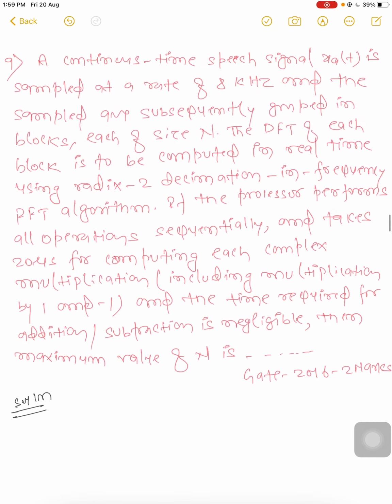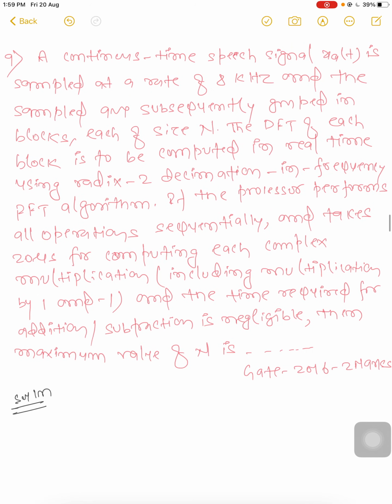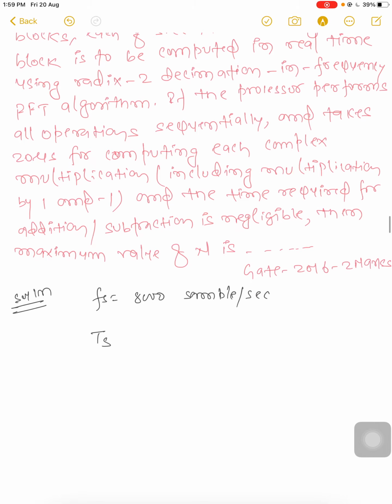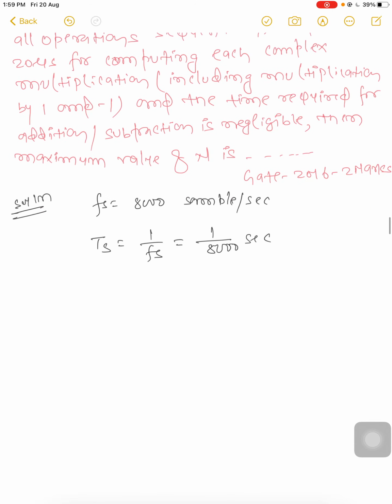Solution, GATE 2016. What is the sampling frequency? It is given as 8 kilohertz. Okay, so fs is equal to 8000 samples per second, and Ts will be 1 by fs, that is 1 upon 8000 second.